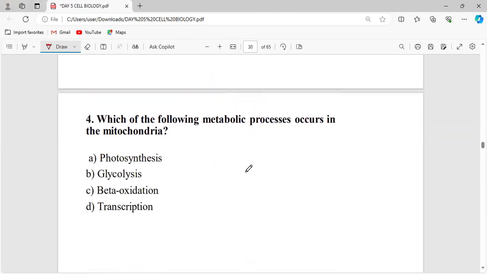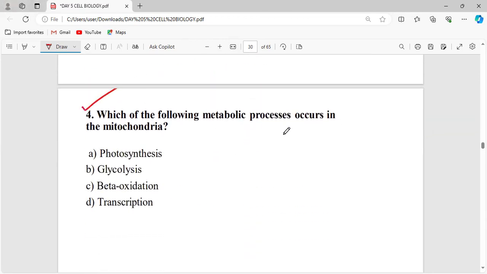Now, which of the following metabolic processes occurs in mitochondria? Photosynthesis, glycolysis, beta oxidation, and transcription. Very good, beta oxidation.